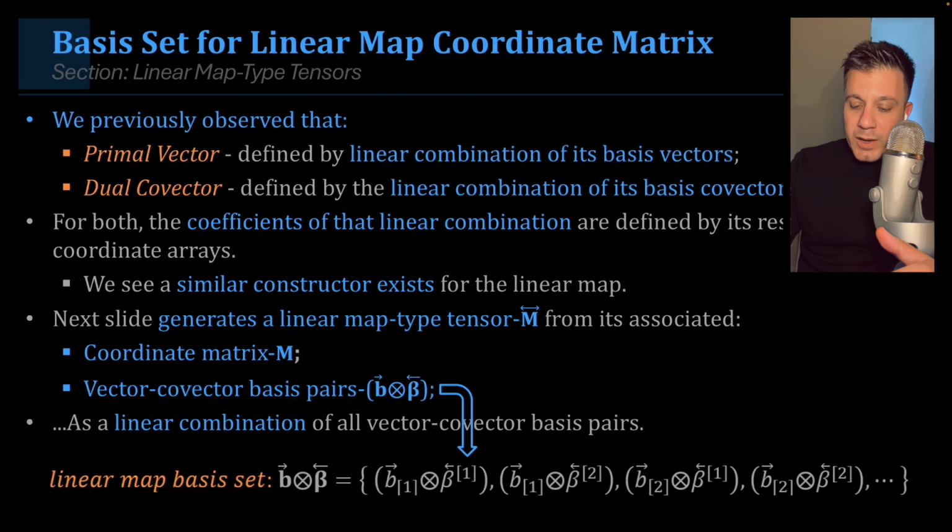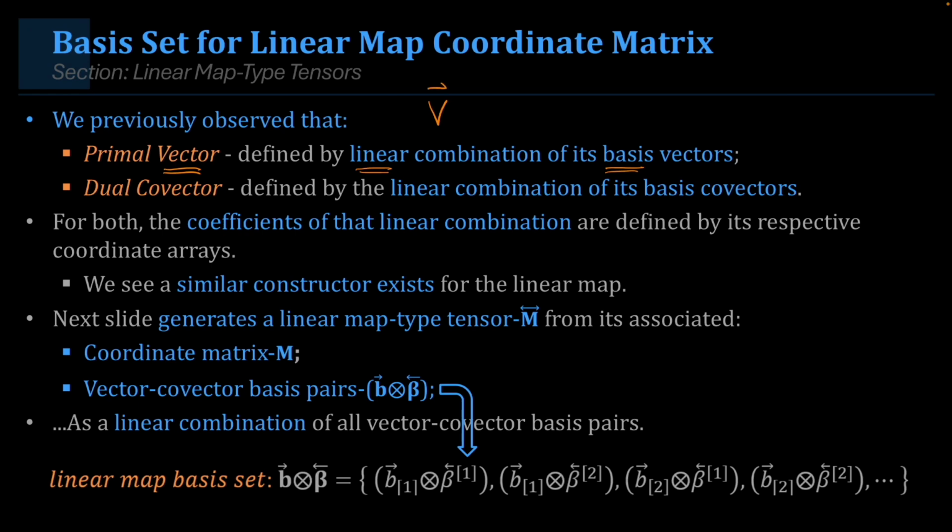So we observed previously that the primal vector, and this is a little bit of repetition, but that can be good sometimes, is defined by the linear combination of its basis vectors, right? We saw that a primal vector is equal to the basis set times a coordinate array, which can be expanded to look like B1 times V1 plus B2 times V2, and then it goes on.